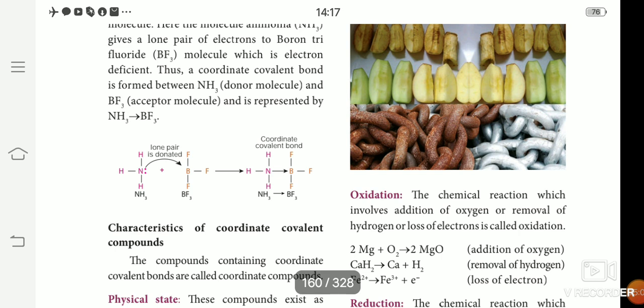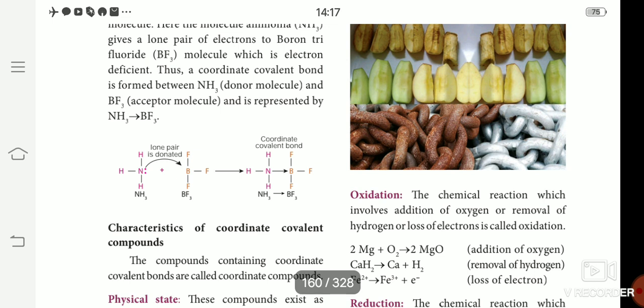So in the coordinate covalent bond, one pair of electrons is donated and accepted. The molecule donating the pair of electrons is ammonia, and the acceptor molecule is boron trifluoride. So the bond created is the coordinate covalent bond.